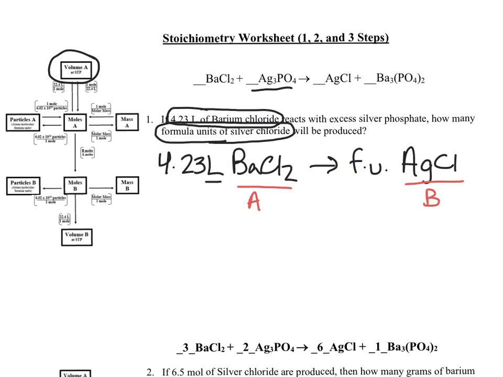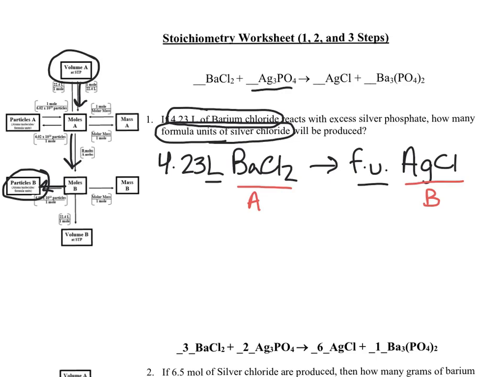And we're going to end up with formula units of object B, which would be under the particle island. So that looks like 3 steps there. Okay, awesome. And you have your mole map. You can follow along.